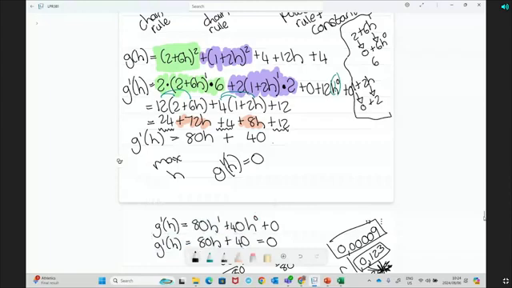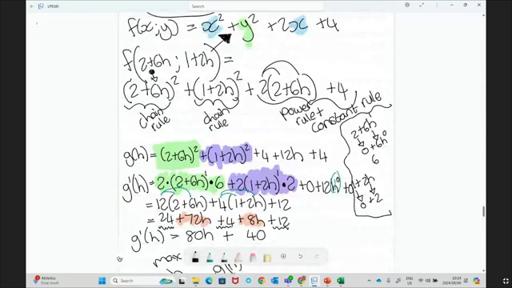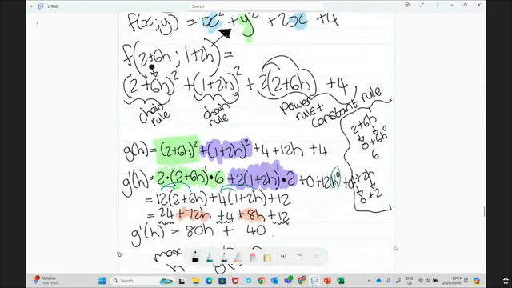You're more than welcome to use this method if they don't ask you for the in-between multiplication, which is highly unlikely. I hope that helps a little bit. If you want to screen grab, let me just scroll up, then you can maybe screen grab it to have it again and try it again.